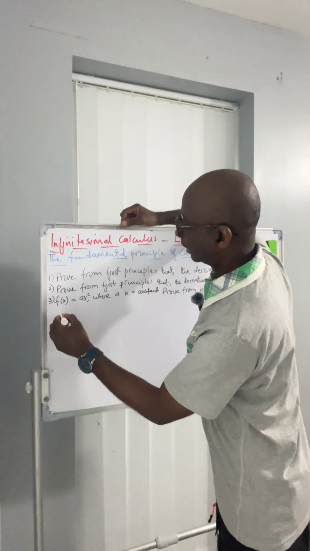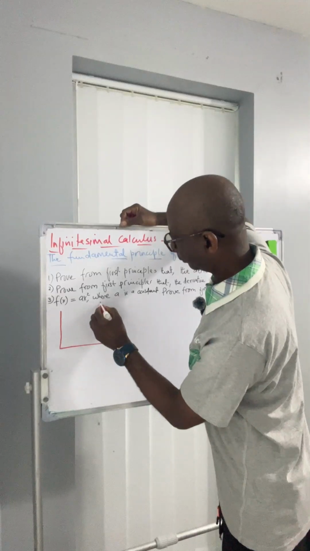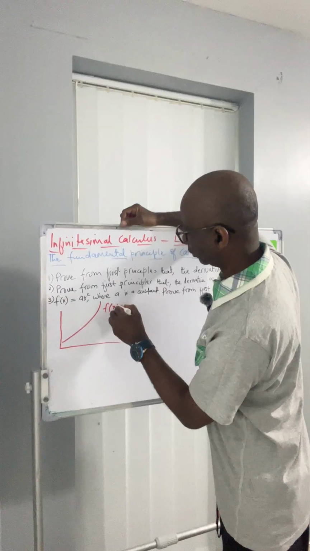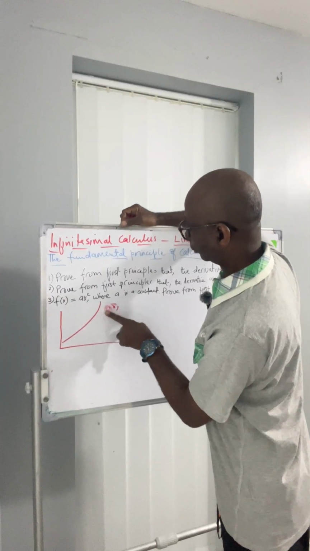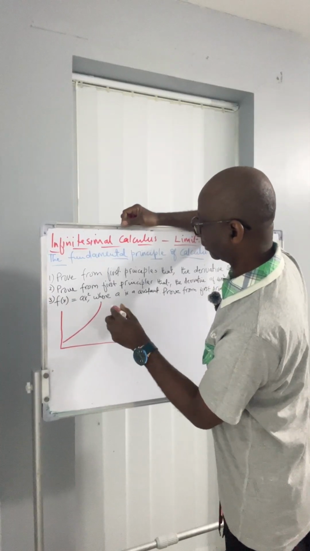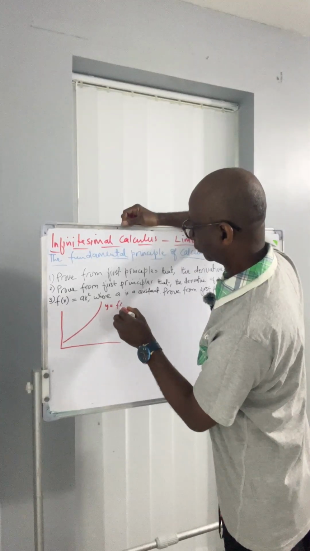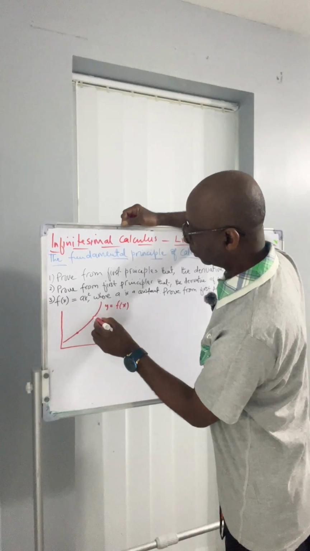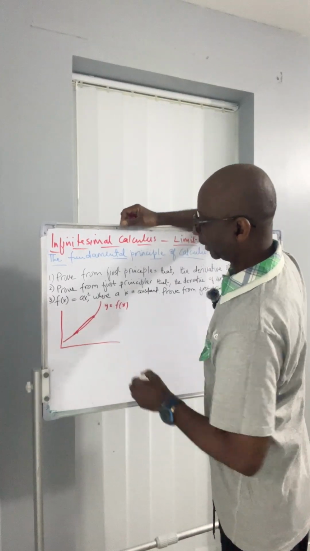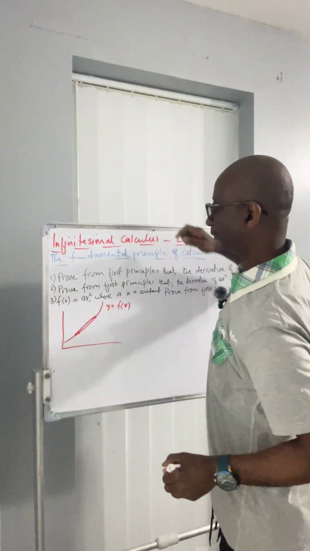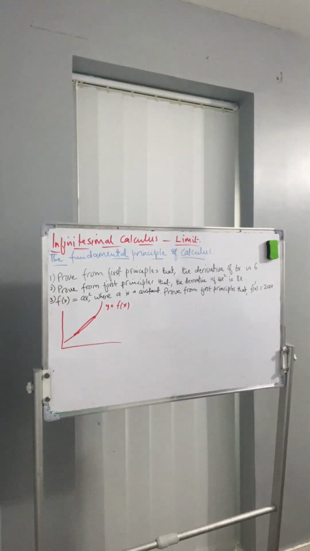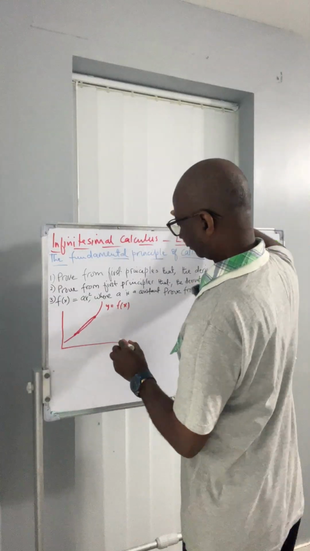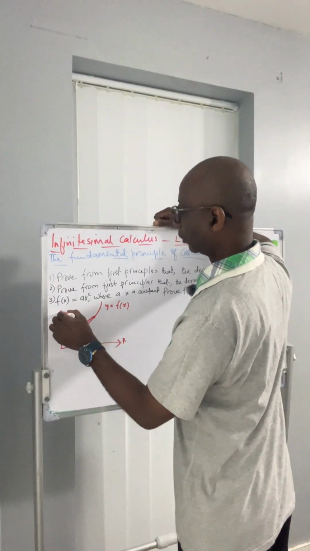If you could remember this diagram, this is a function, which we can call any function, just y equals f of x. On this graph, you need 2 points to be able to calculate the gradient. Remember this? You have your x here, you have your y here.